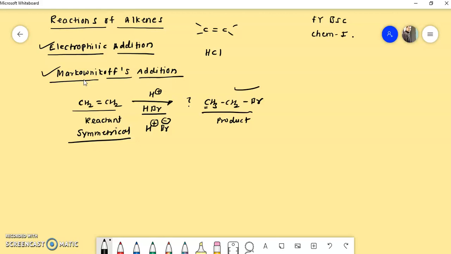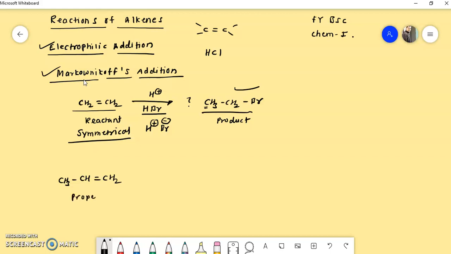But if the starting material is not symmetrical, see what happens. Suppose I take this example, CH3CH=CH2. This is the starting material. What is the name of this?